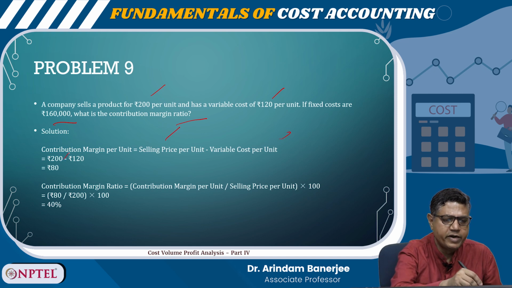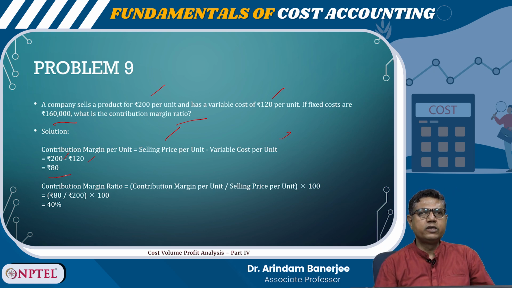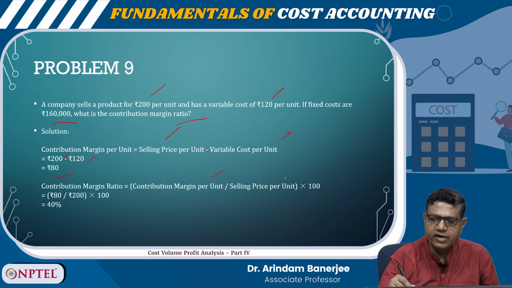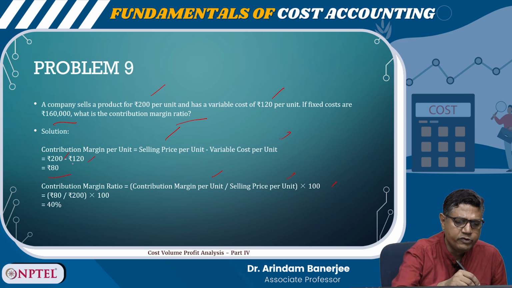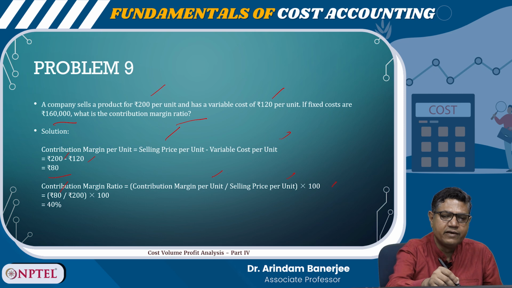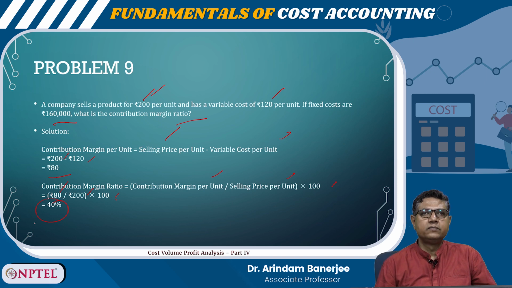So, 200 minus 120, so it is 80, and contribution margin ratio is contribution margin per unit divided by selling price per unit into 100. Contribution margin per unit we already calculated as 80, and selling price is given here, 200, into 100. So, answer is 40%. So, this is my contribution margin ratio.